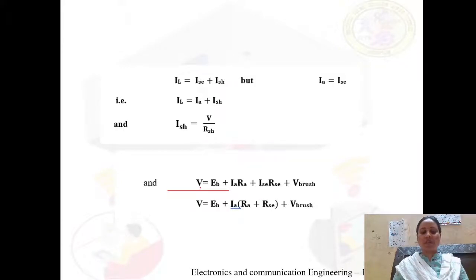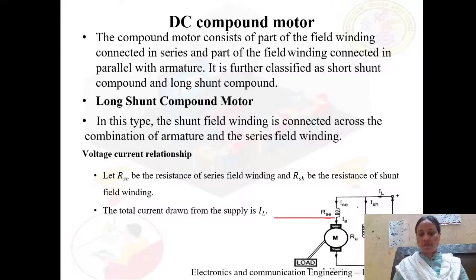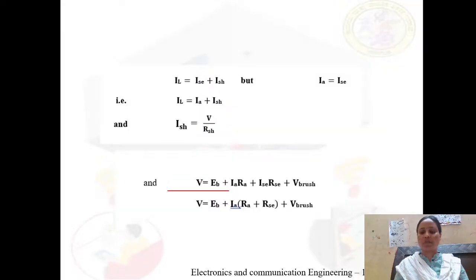We can write the expression for the voltage: V is equal to EB plus IA RA plus IA RSE plus V brush. And also here the voltage drop across these two terminals and the supply will be the same, and hence we can write ISH is equal to V by RSH, which is similar to the parallel or shunt DC motor.